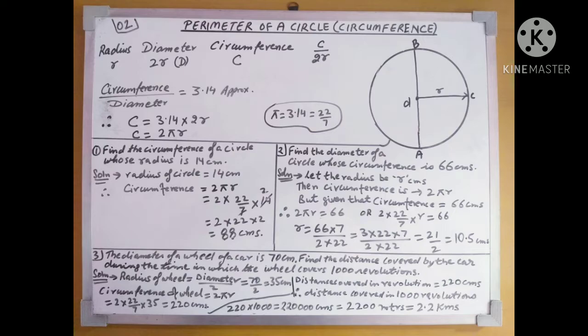If you divide by 100, you will get the answer in meters, 2200 meters. Now, if you divide this 2200 meters by 1000, you will get the answer in kilometers, right? This unit system I will explain to you in the next video, where we are discussing the area of some figures, right?